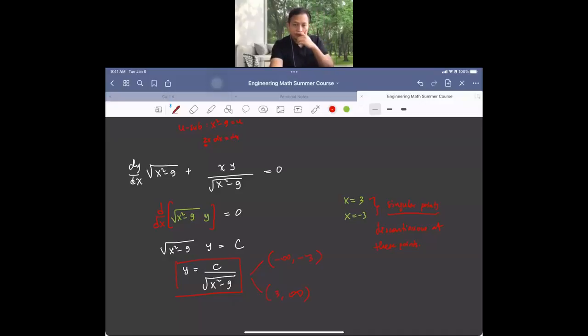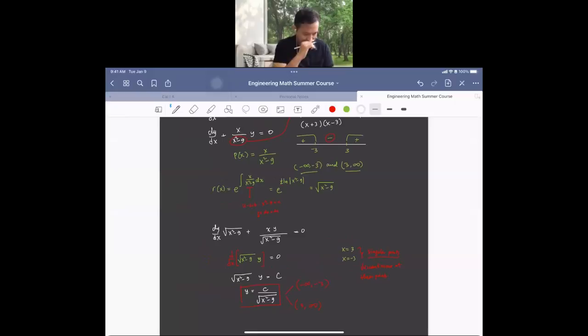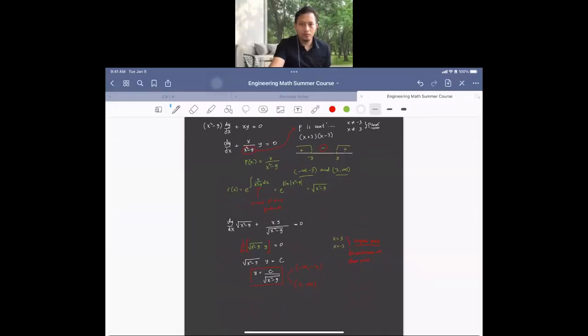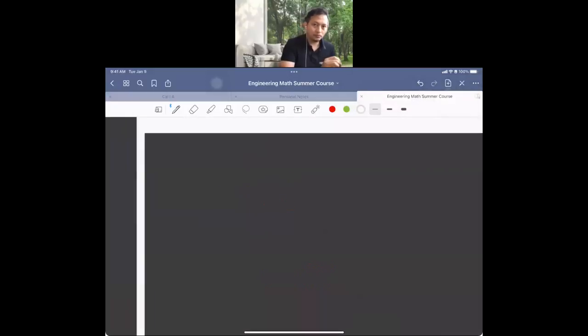Let me just give you an example, and then we can move to other sections. Okay, another example.